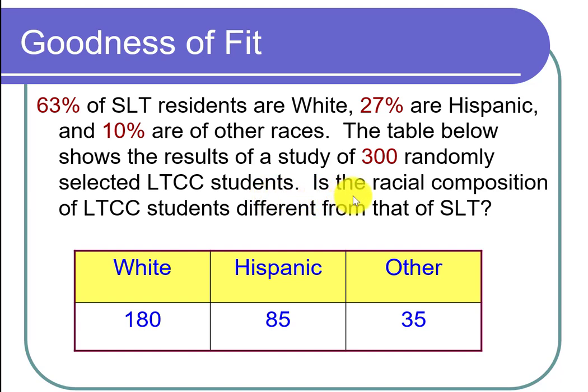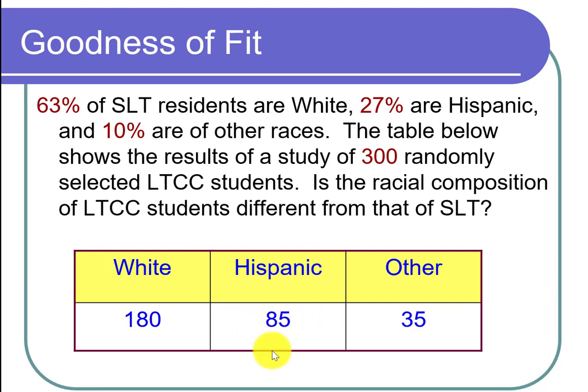Is the racial composition of LTCC students different from that of South Lake Tahoe? And LTCC is Lake Tahoe Community College, by the way. That's the college I teach at. And we have this table, and in the sample that we looked at, there were 180 whites, 85 Hispanics, and 35 of other races.